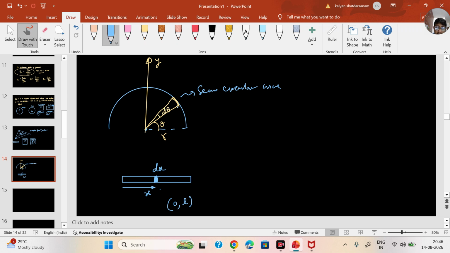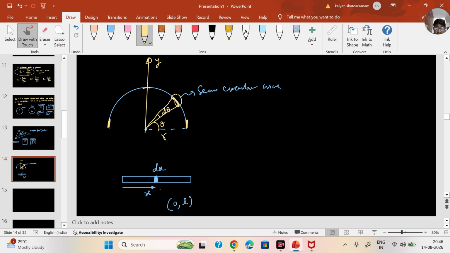So you see this big portion was subtending theta, and after that big portion there is a small portion shown in yellow color which subtends d theta. So this is my element. How can I move it on that semicircular wire? By changing theta. If theta is 0, this fellow will be here. If theta is pi radians or 180 degree, generally we take in radians, that element will be here.